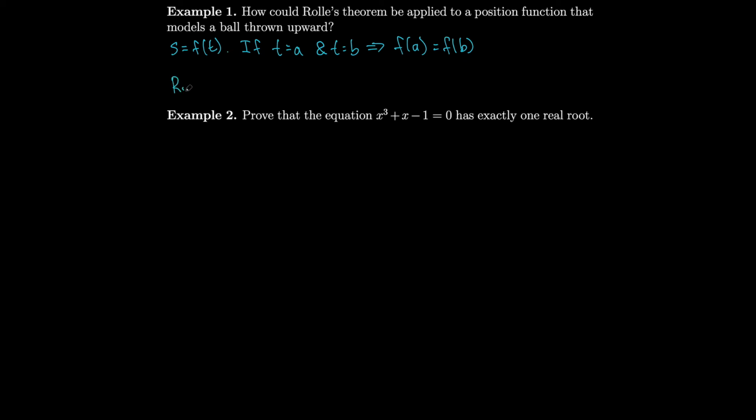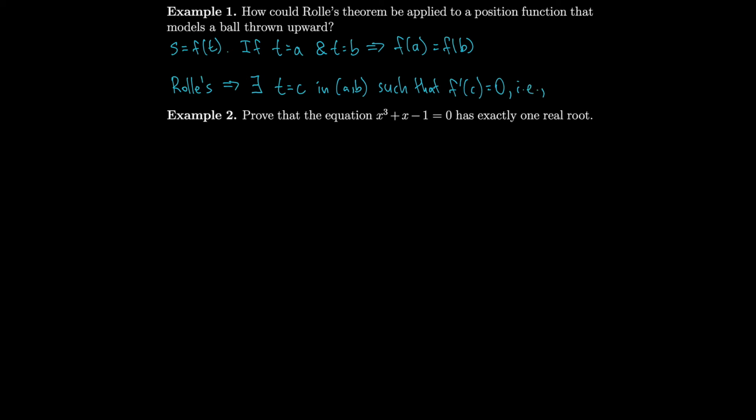Okay, so then Rolle's theorem comes in. Rolle's theorem implies that there exists, I use this backwards e for there exists, some value c inside of our interval from a to b, such that its derivative is 0, or the derivative is 0 at c.